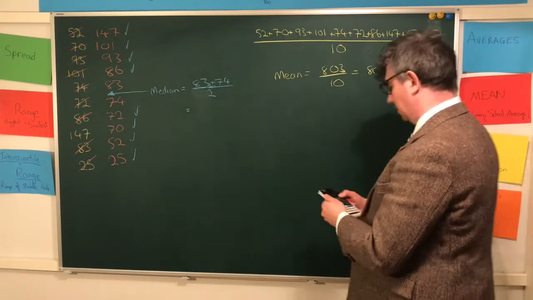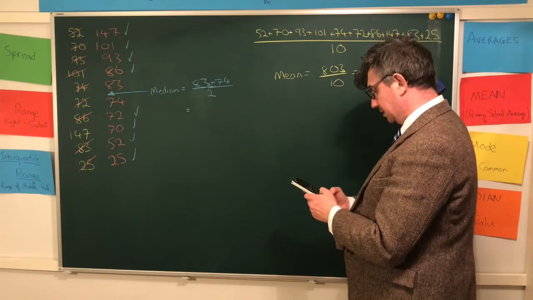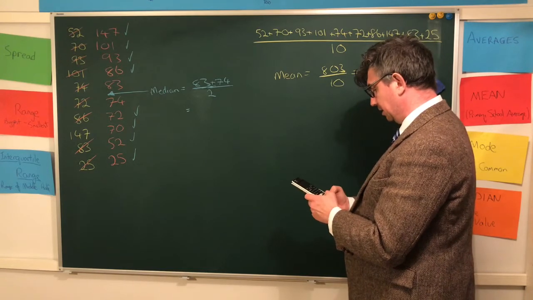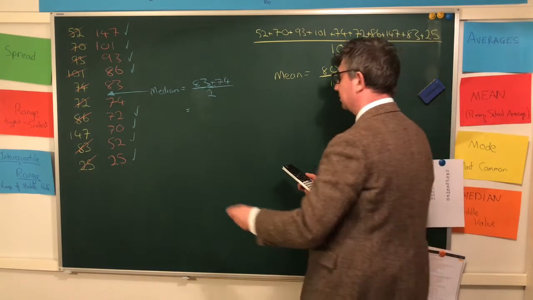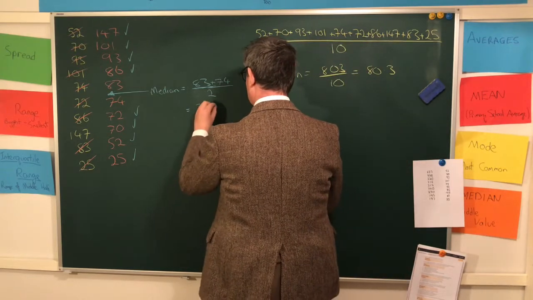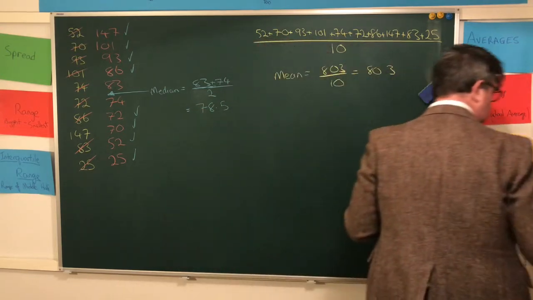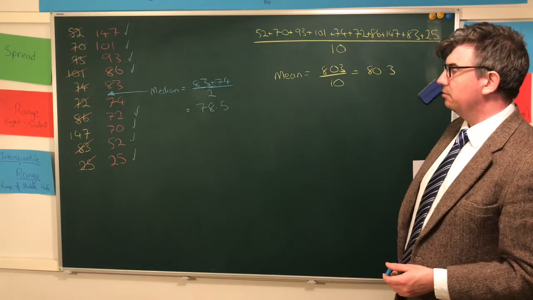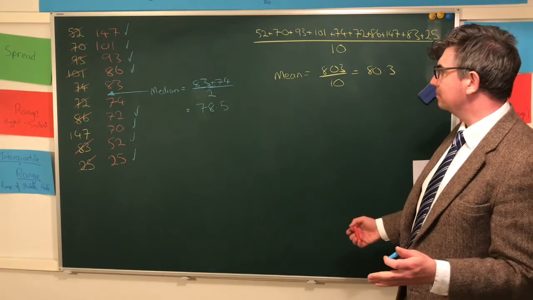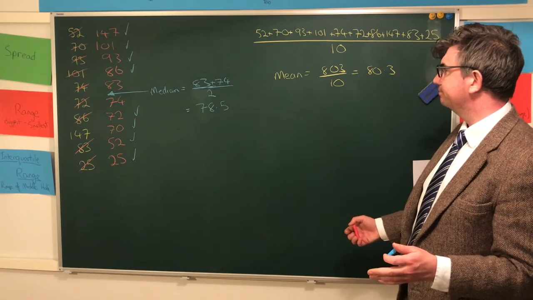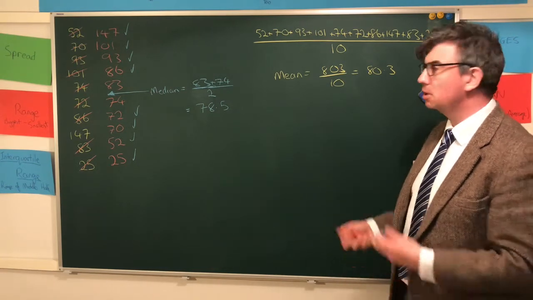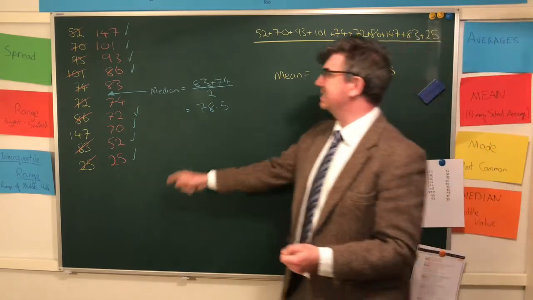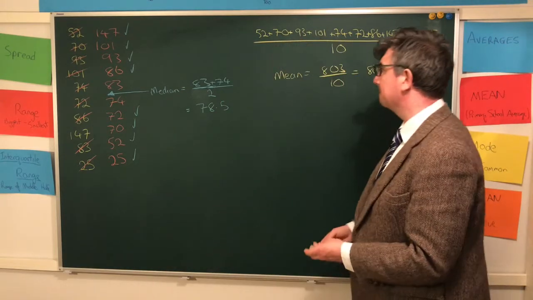Oh, that's 78.5. Okay, so the median is 78.5. Yeah, and that's the system that we've been using all along. Just make sure your list is in order before you go ticking.